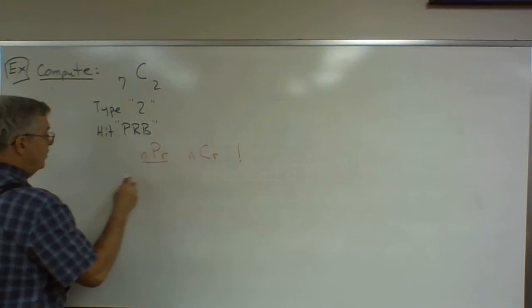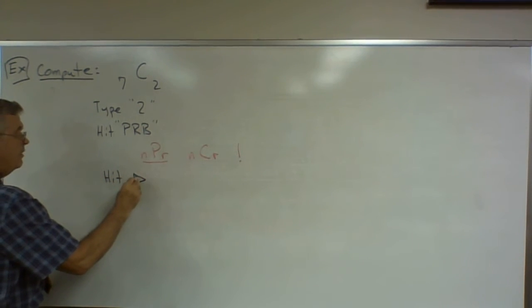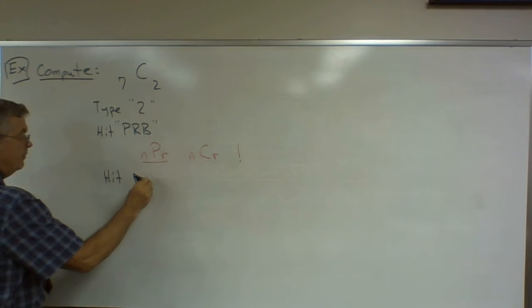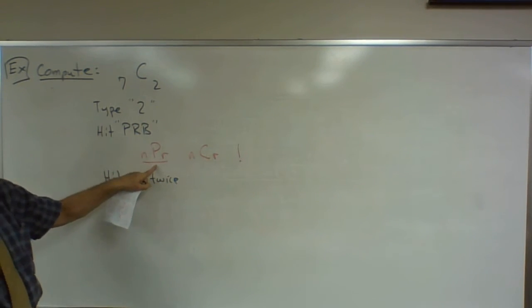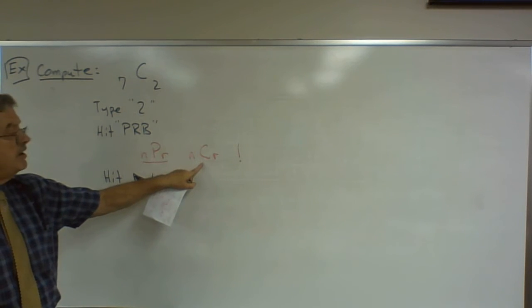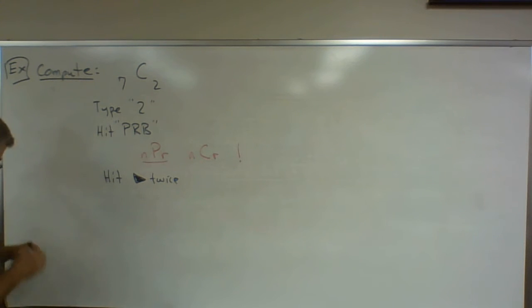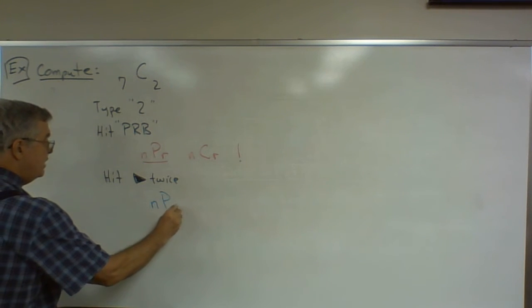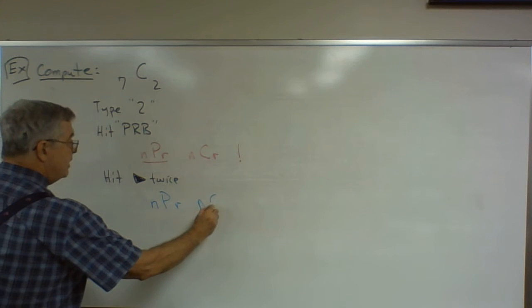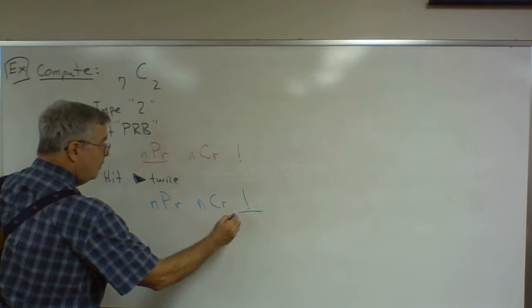We want factorial, so we'll hit the right arrow key twice to move the underscore from NPR to NCR to factorial. And so this is what we should see now. NPR, NCR, and factorial with an underscore.